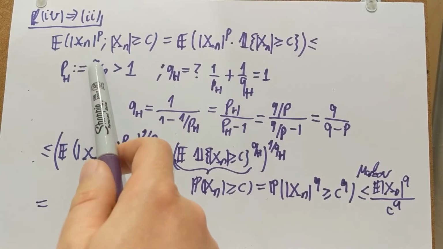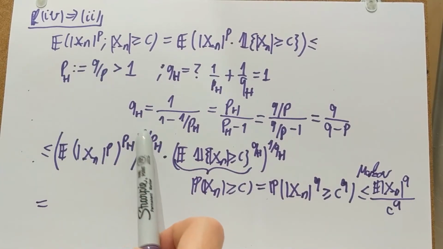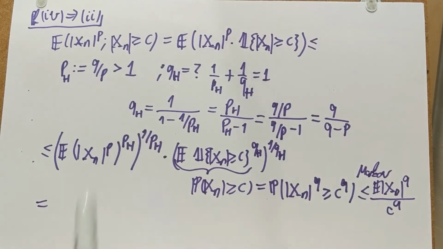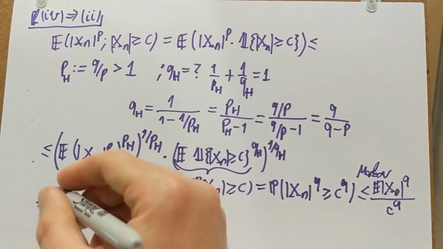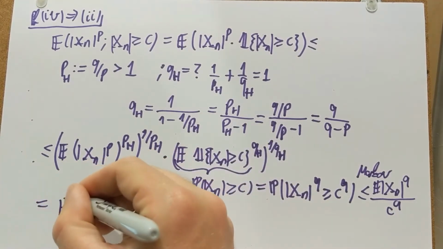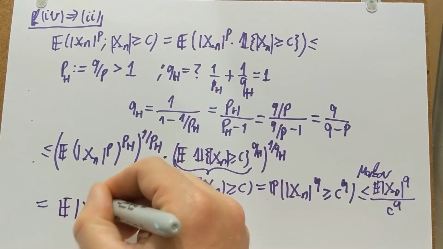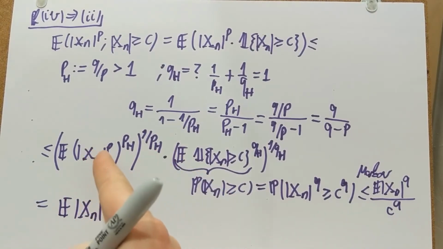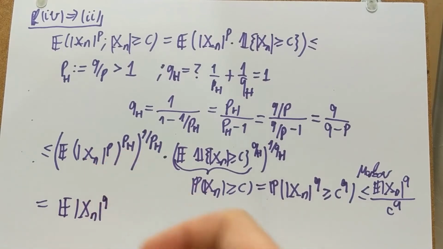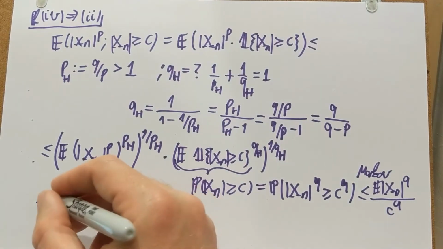So p holder is q over p, so I'm going to put the reciprocal of that outside and p holder inside. So I have a p power and I have that to the q over p power, so that just gives me a q power inside the expectation. So I have a q power by collapsing p and ph. I have a q power inside the expectation.